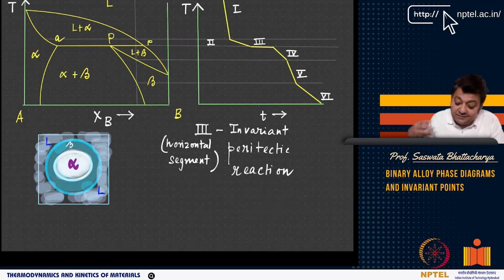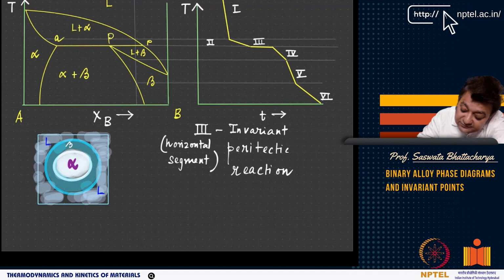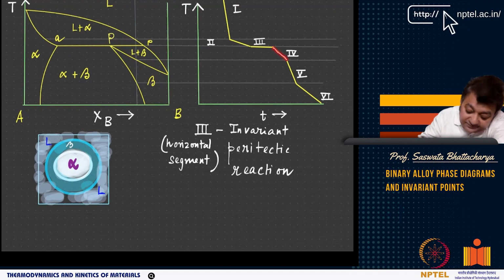That represents stage 4: L plus beta. From stage 4, you go further down to a segment where you have pure beta. Your slope has changed again because pure beta is different from L plus beta. The conductivity will be completely different.